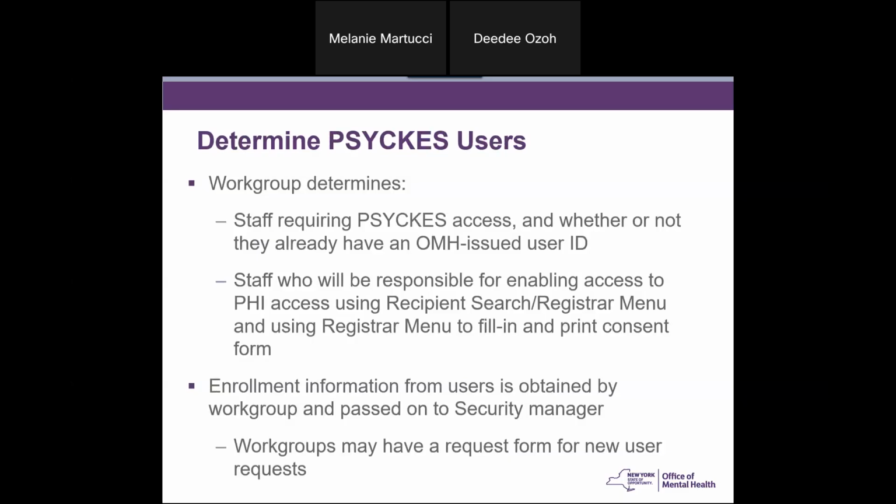You can also designate staff who will be able to go into the registrar menu and fill in or print out that PSYCKES consent form to have on hand. And then lastly, the enrollment information from users can also be obtained by the work group and passed on to the security manager. So if you want to designate someone who may send the request to the security manager for new users, that may also be helpful.